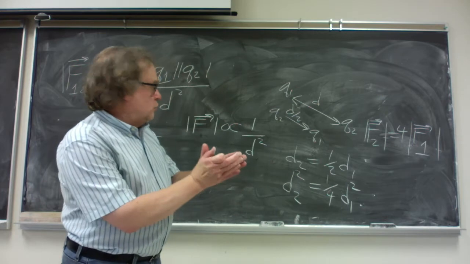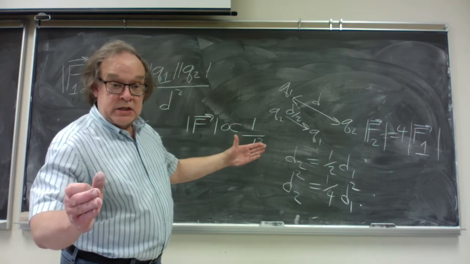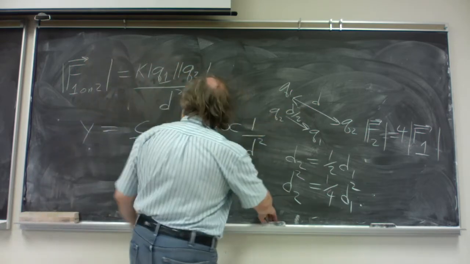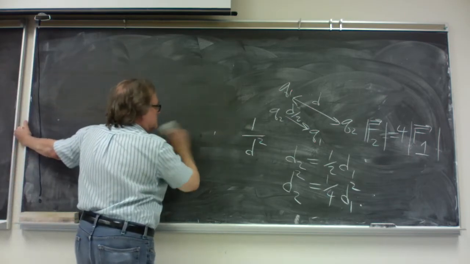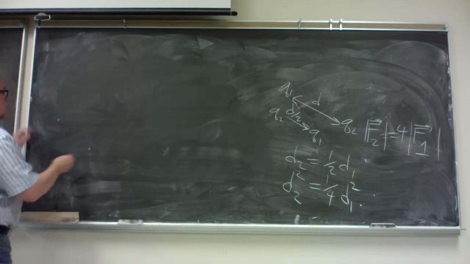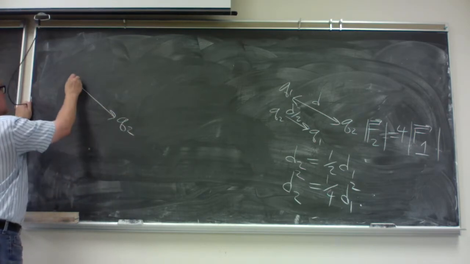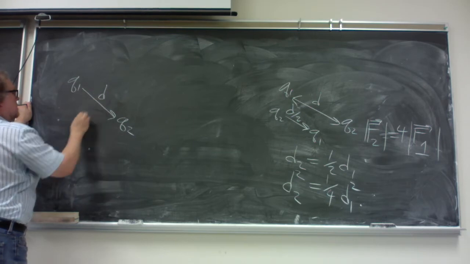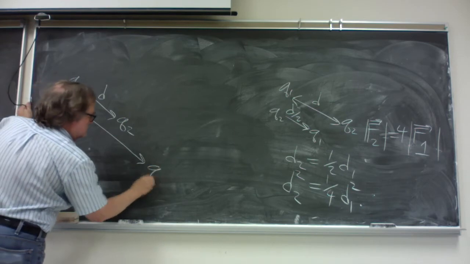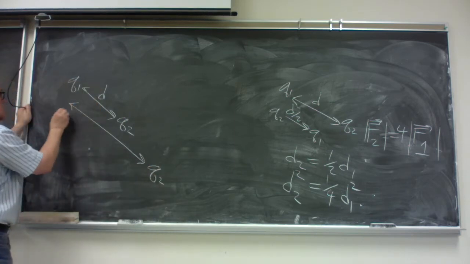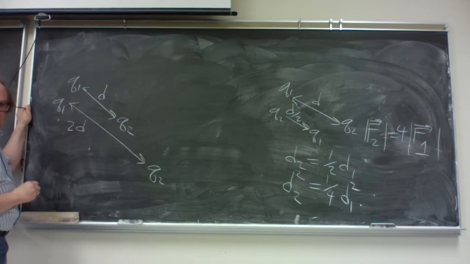And then similarly, if you pull them twice as far apart, making the distance twice as big as it was in the first case, you'll get a smaller force. And how much smaller? So you start out with them a distance d apart, and then separate them more, and so they're a distance 2d apart.